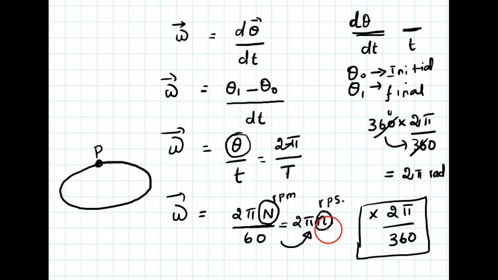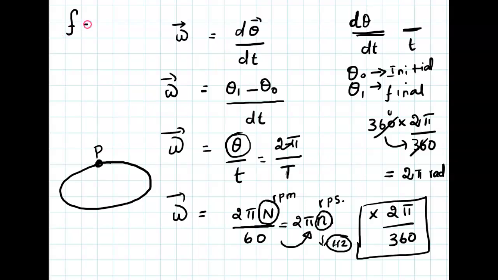The revolution per second is otherwise called hertz. Hertz is the unit of frequency. Frequency is the number of rotations formed in 1 second. Number of waves formed in 1 second, number of vibrations per second, number of oscillations per second, these are all called frequency.